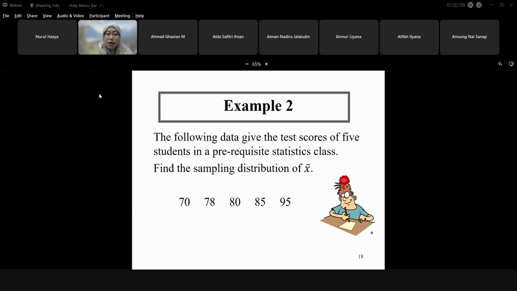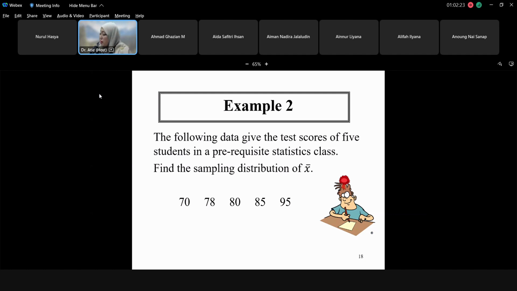Okay, so we don't have much time. Let me proceed to example number two. You can finish your example one later if you haven't finished it yet. Right, so let's go to example number two.